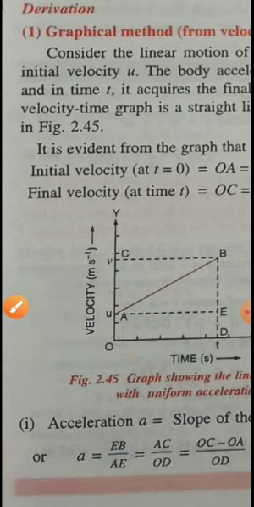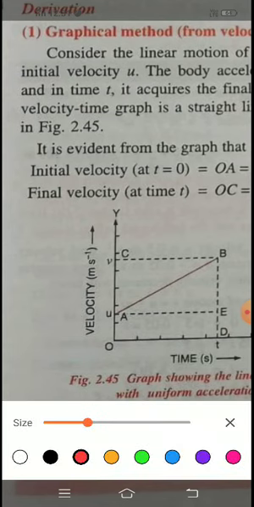Next one, I'm going to calculate the area of a triangle. This is your triangle. What is the triangle formula? Half into base into height. Now base is going to be the same, OD. Can you see? The base is the same: AE and OD are same. Therefore, what is the base here? Time. So half into t. Now next one is my height.